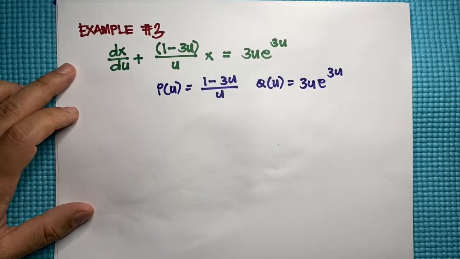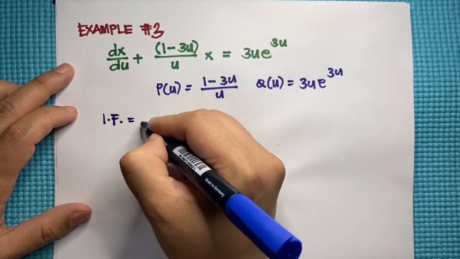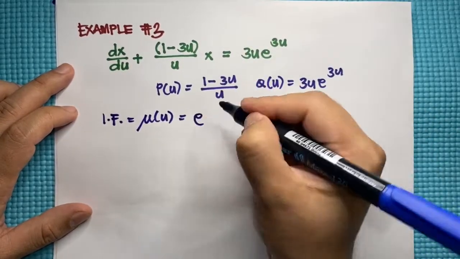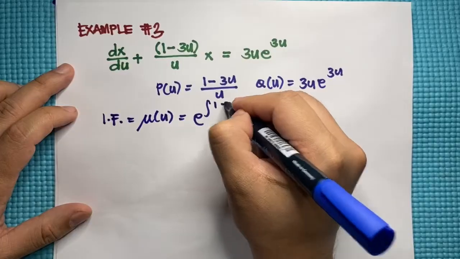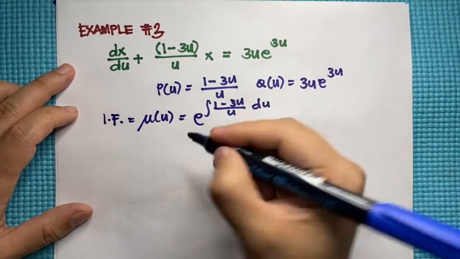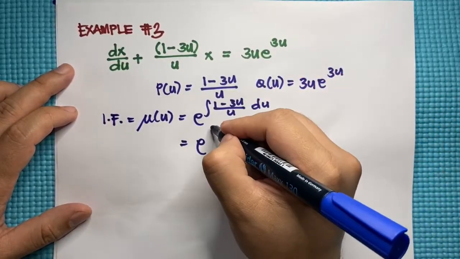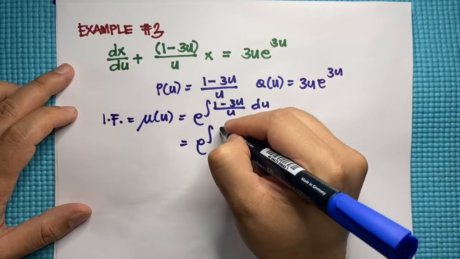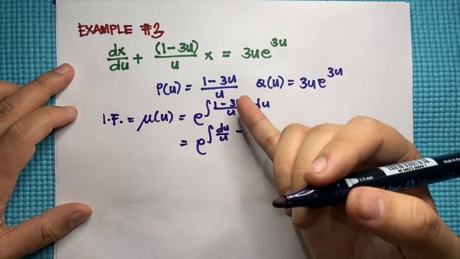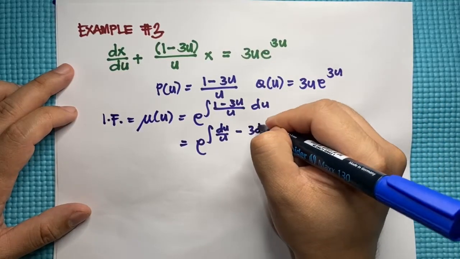From there, we can now find the integrating factor. That would be mu of u, equal to e raised to the integral of (1 minus 3u) over u du, which is the same as e raised to the integral of du over u minus 3u over u, which is 3 du.